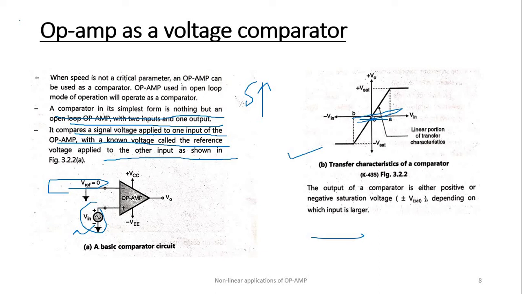Between these two points, as the input voltage increases, the output voltage also increases in a linear manner. Similarly in the negative region, the output voltage increases in the negative direction up to points A and B. After points A and B, it becomes a constant value, plus V saturation, or on the negative side, minus V saturation. So the region between points A and B is called the linear region.